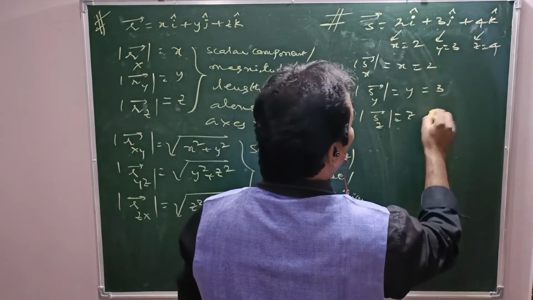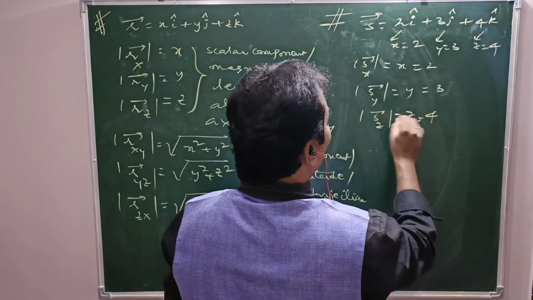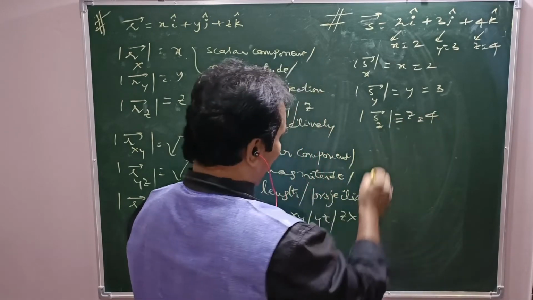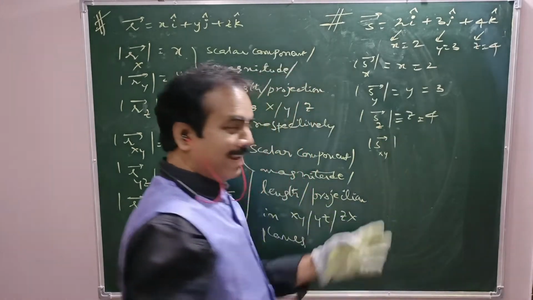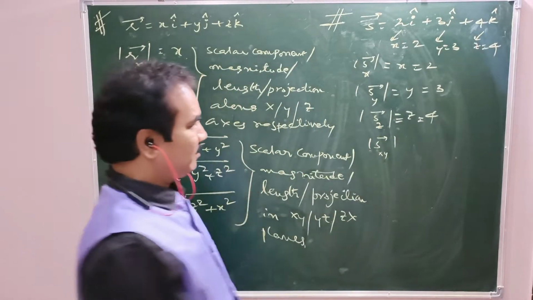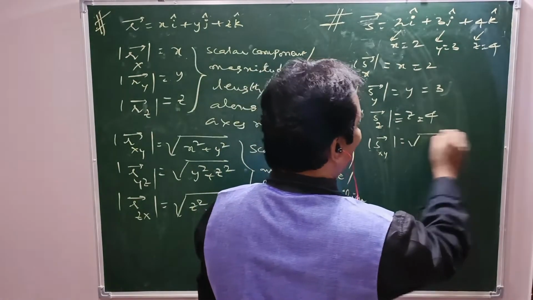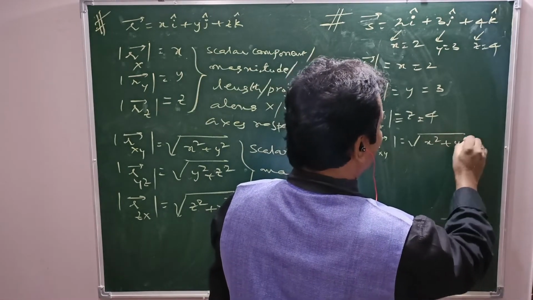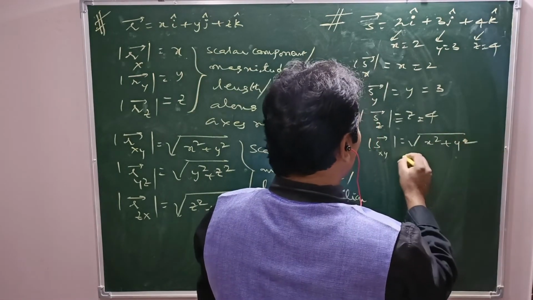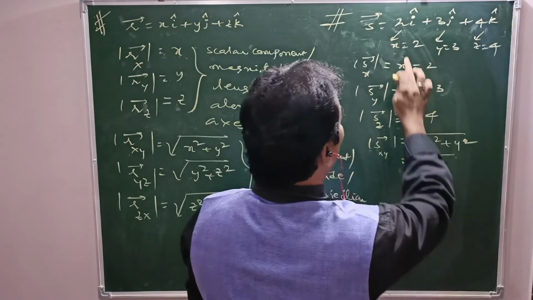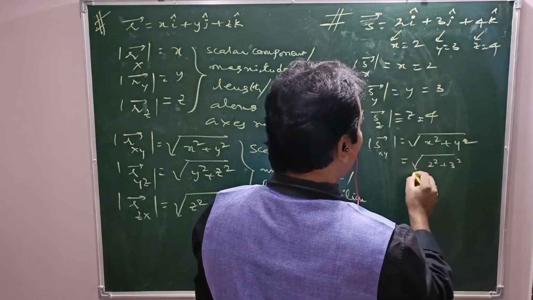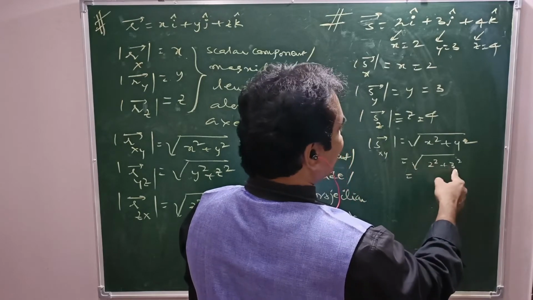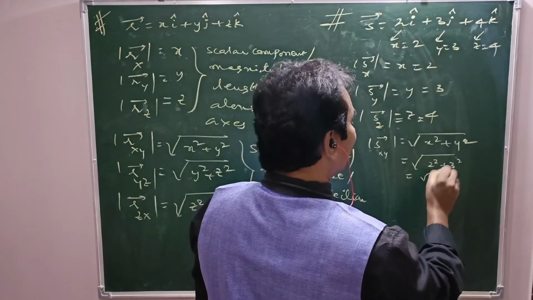What is the z coordinate? 4. Okay, 4. Now mod s bar suffix xy means the length of that vector in the xy plane, that is root over x square plus y square, means 2 square plus 3 square, that is 4 plus 9, root 13.